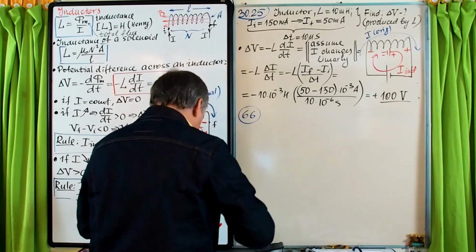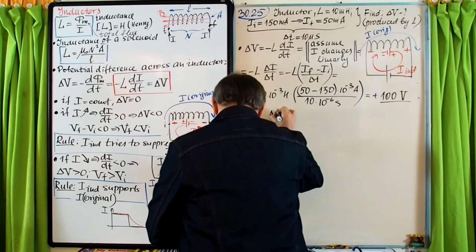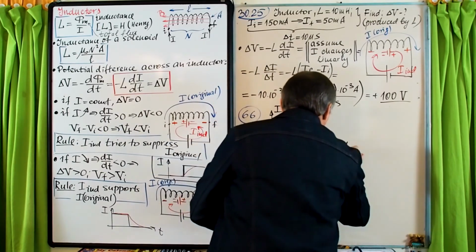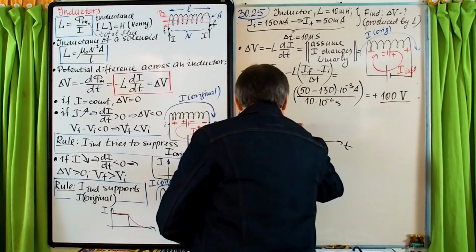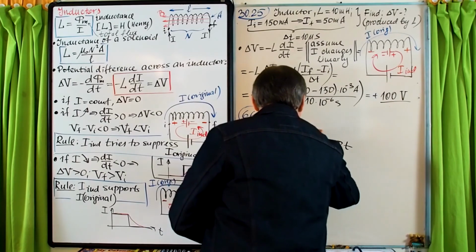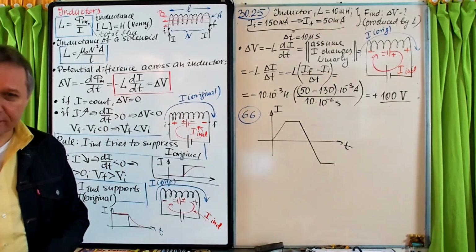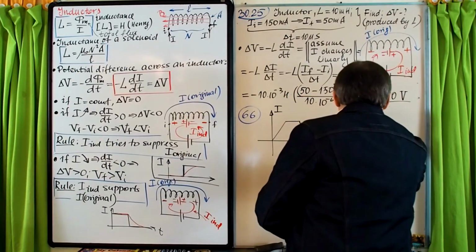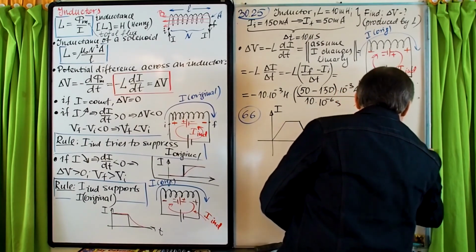So something like this. Let's say you have current I versus time. The current first is growing, then stays constant, then goes down, and then stays constant. You need to find how delta V changes over time.